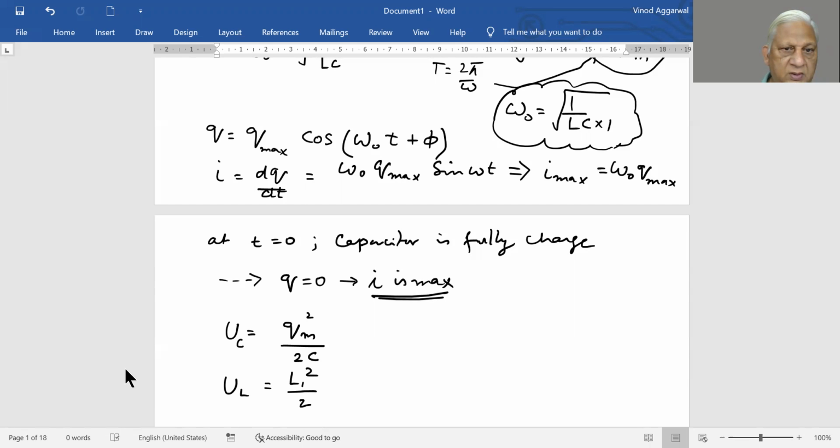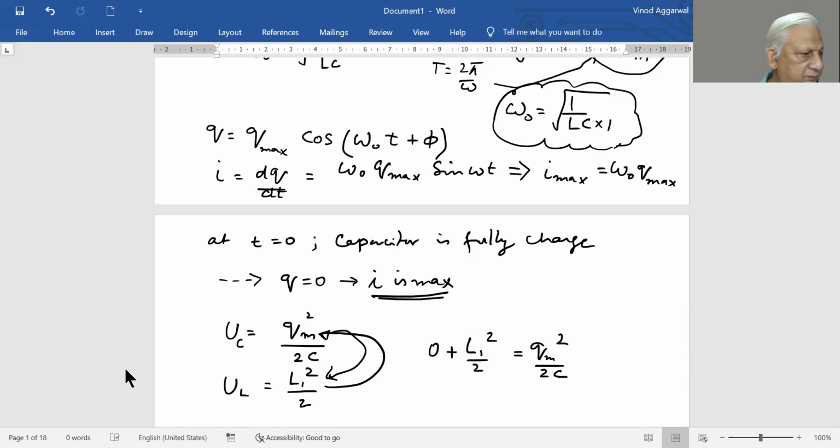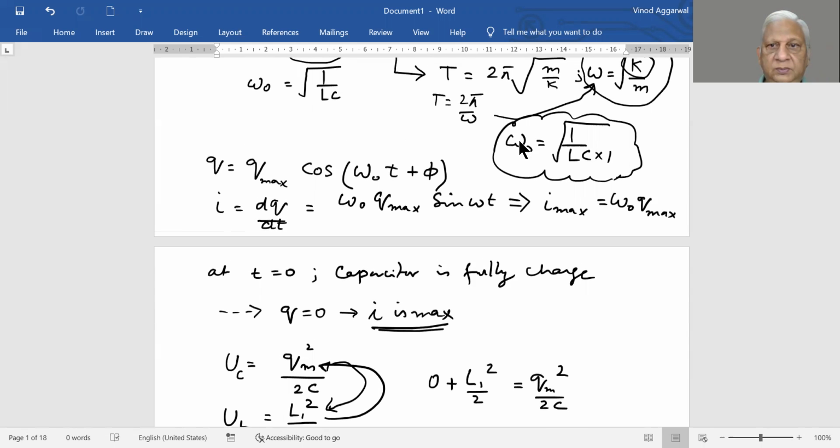So what will happen? This energy will get converted to this energy, and this energy will get converted to this energy, and this cycle goes on. And write it as 0 plus, the frequency is again 1 by root LC.